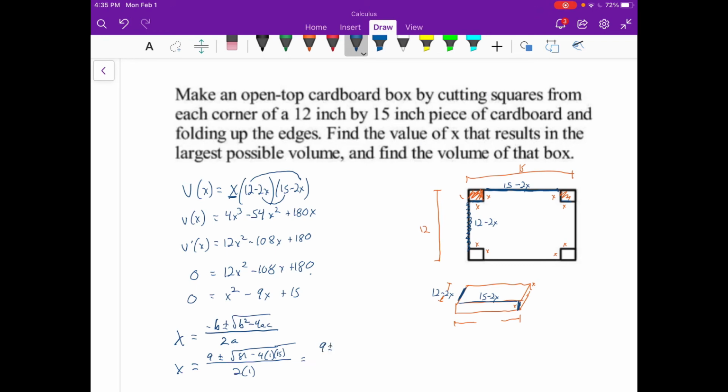That is 9 plus or minus the square root of 81 minus 60 over 2. 9 plus or minus the square root of 21 over 2.